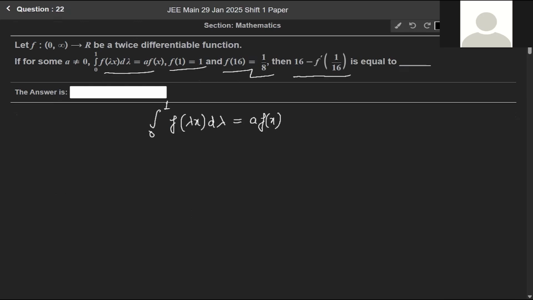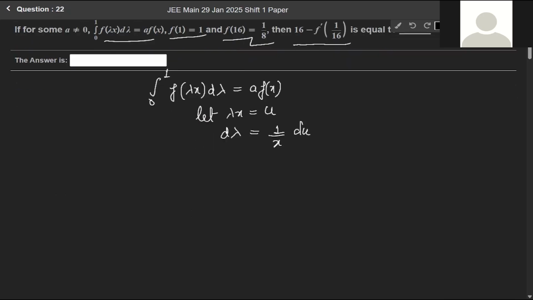Okay. So let us assume lambda x is equal to u. So from here we can write d lambda is equal to 1 over x into du. Now, let us say this is equation 1. Putting this here, we get d lambda is equal to 1 over x du. So it will be 1 over x.